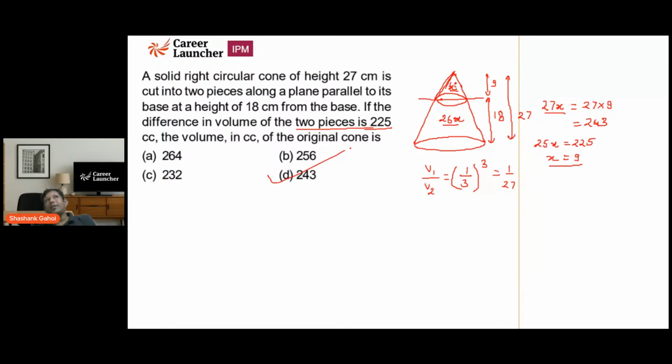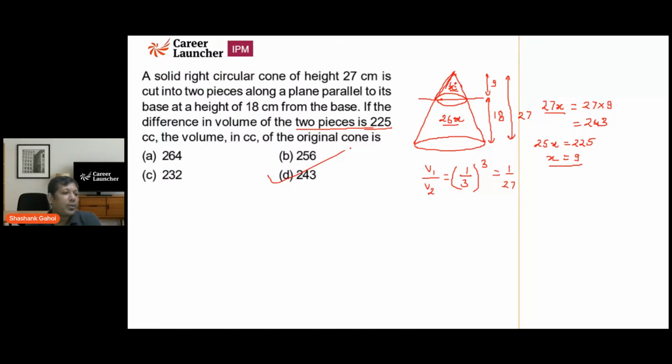The quadratic ratios are the square of linear ratios. Quadratic ratios are the ratio of area, ratio of surface area, ratio of total area. And cubic ratios means the ratio of volume, that is always going to be the cube of linear ratios.